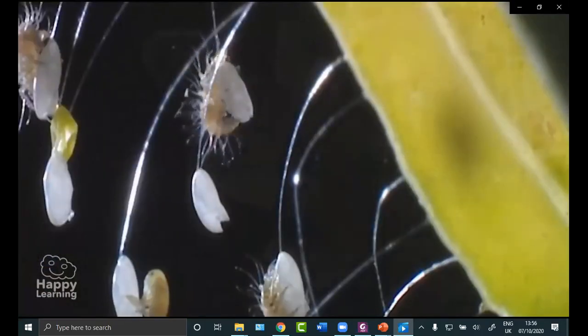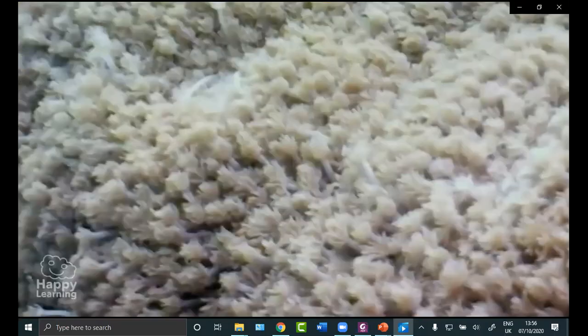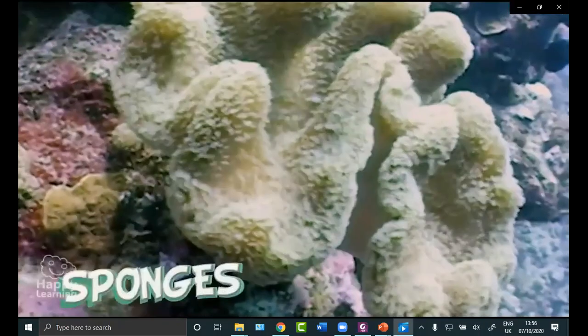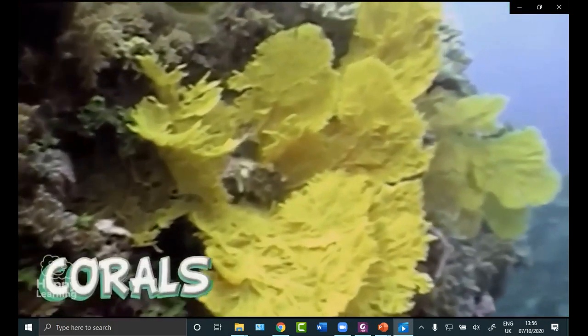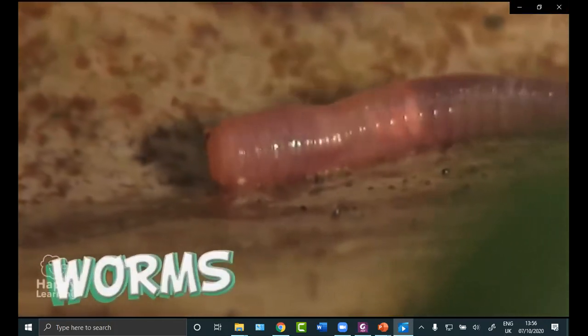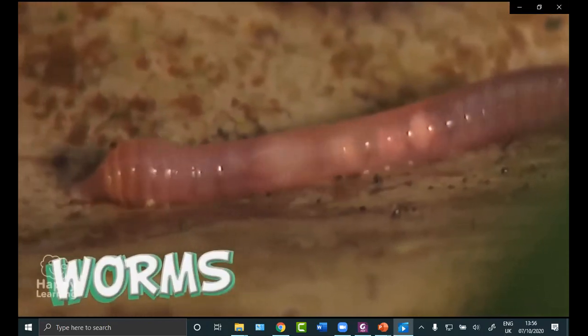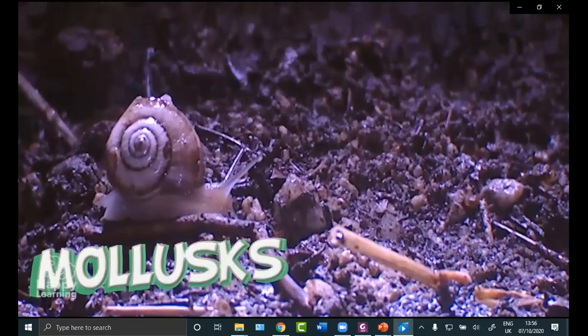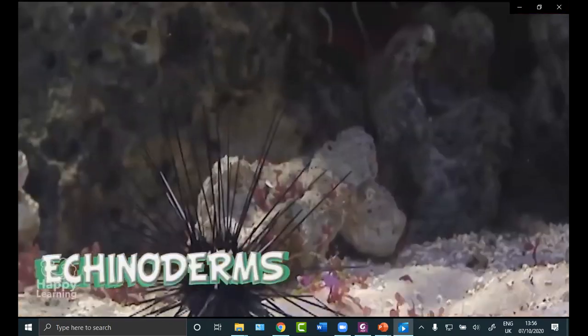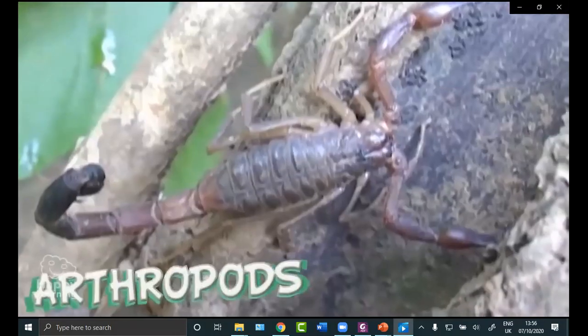Invertebrates are oviparous, and we classify them in 6 big groups: sponges, jellyfish, corals, worms, mollusks, echinoderms, and arthropods.